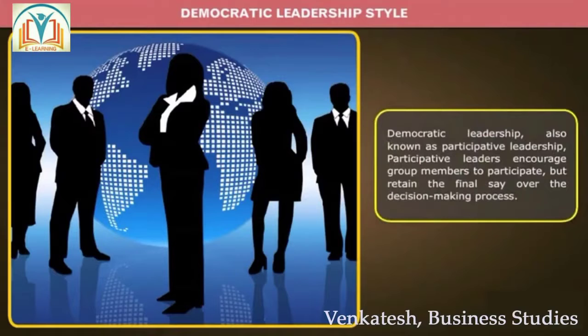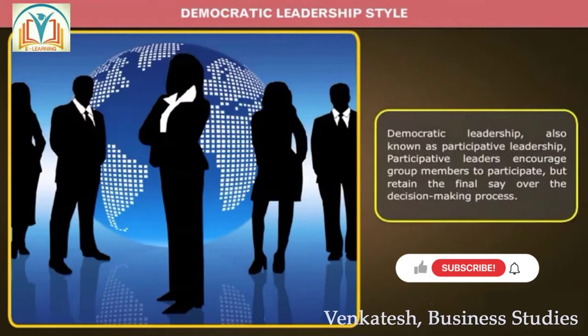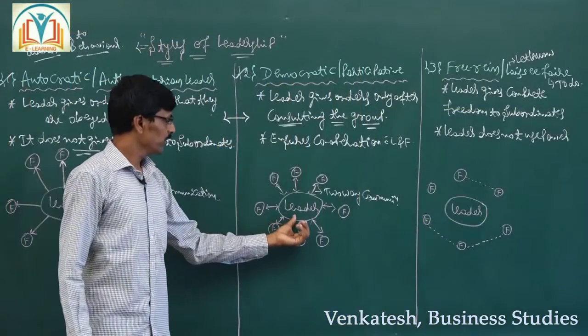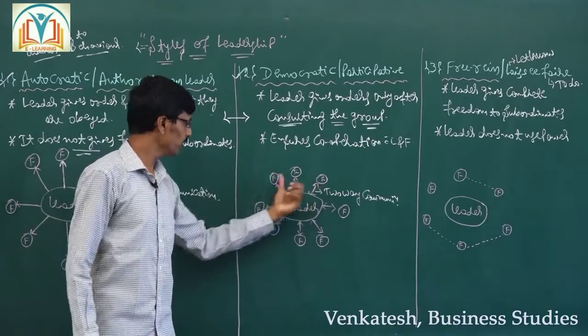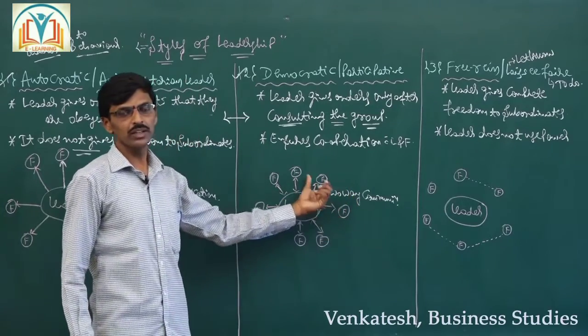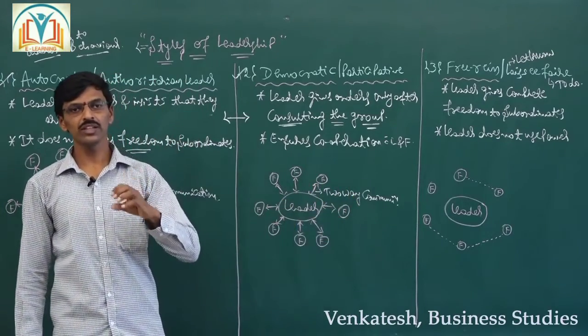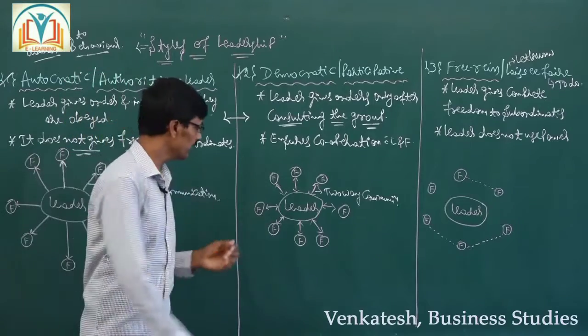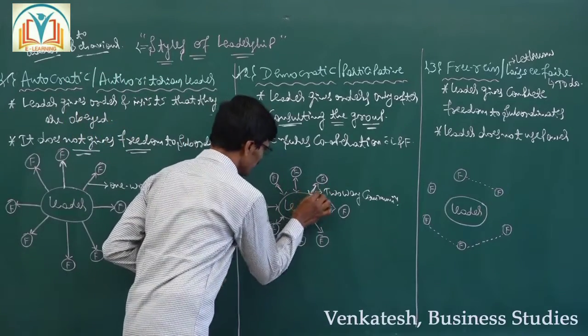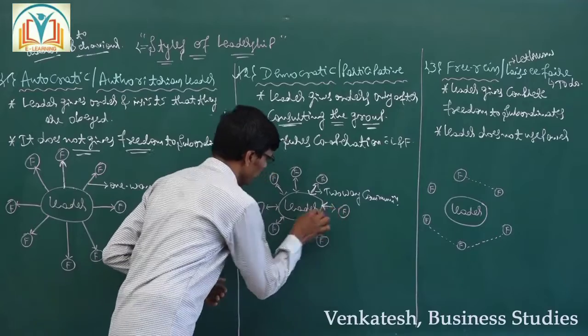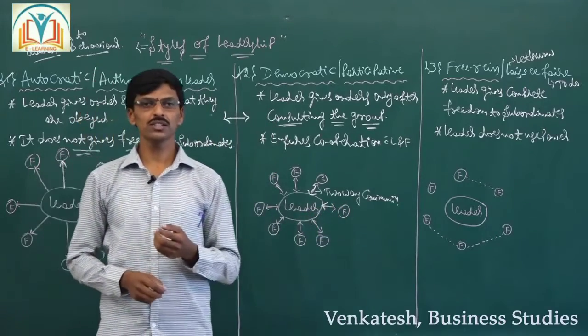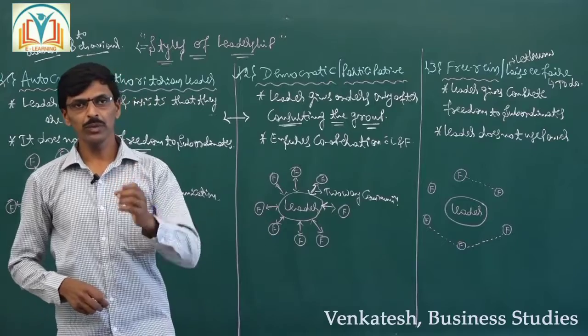But in a democratic leadership style, a leader gives orders only after consulting the group. A leader in a company has a group of followers, and the leader discusses with all the followers and receives opinions and suggestions given by the group members.